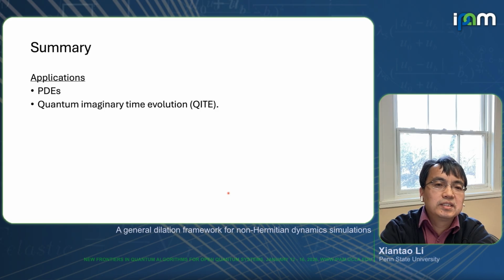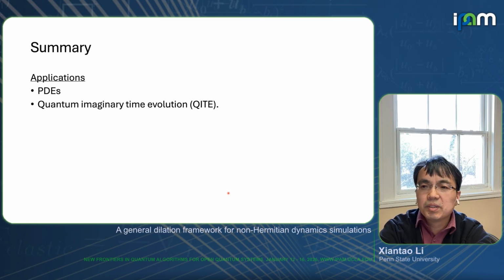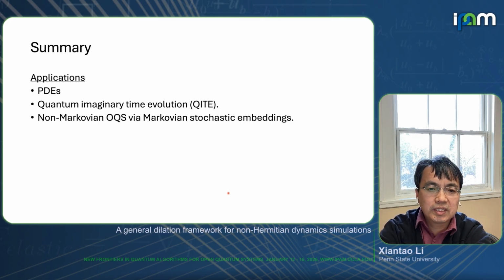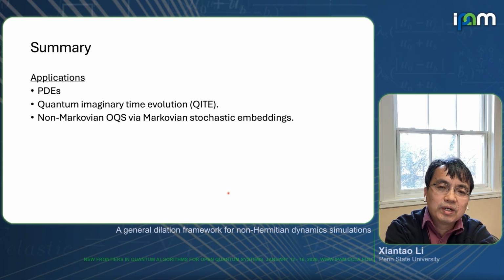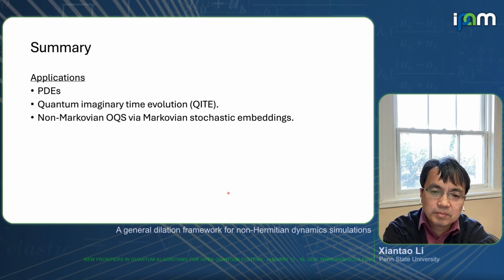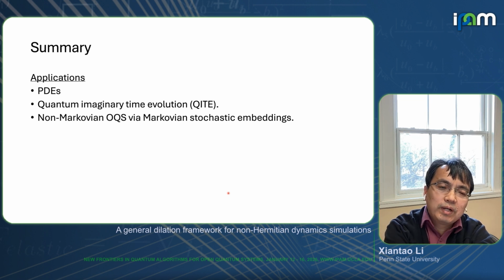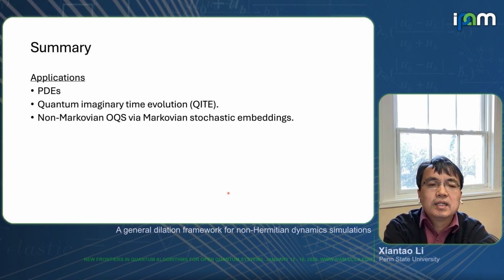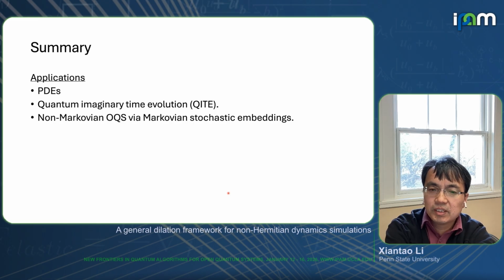In terms of the applications, one application is PDEs. We also have a student now working on implementing this in quantum imaginary time evolution. Now, one of the trivial applications is to non-Markovian open quantum systems, especially when people try to develop these non-Markovian dynamics by using Markovian embedding.